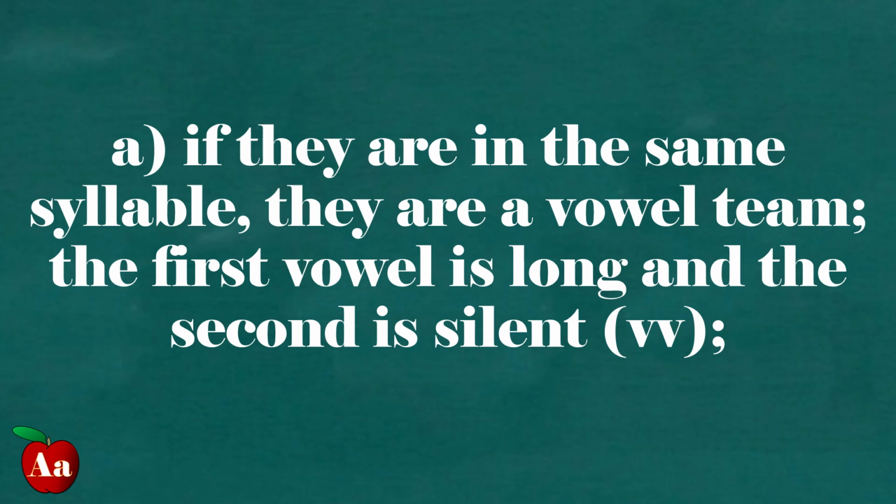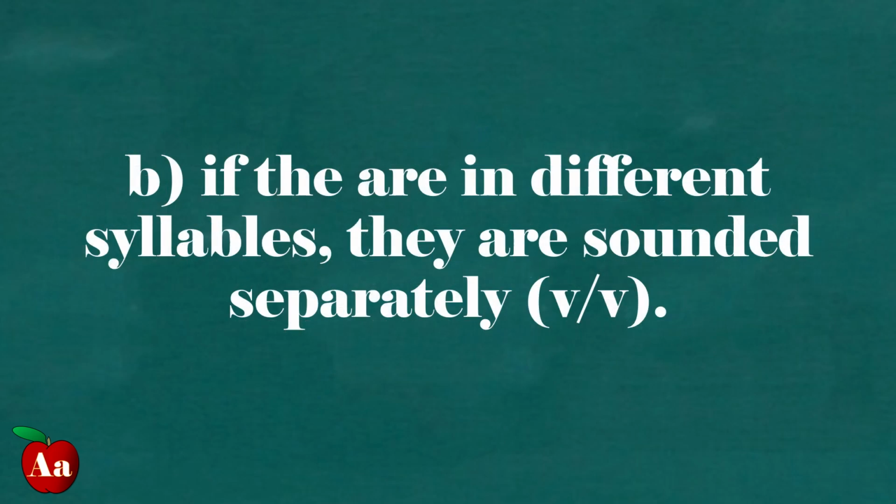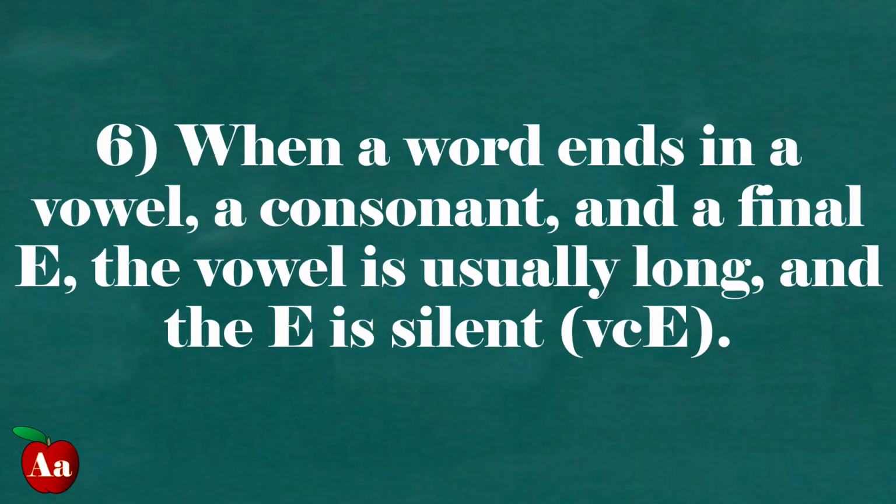The first vowel is long and the second is silent. B, if they are in different syllables, they are sounded separately. Number 6, when a word ends in a vowel, a consonant, and a final E, the vowel is usually long and the E is silent.